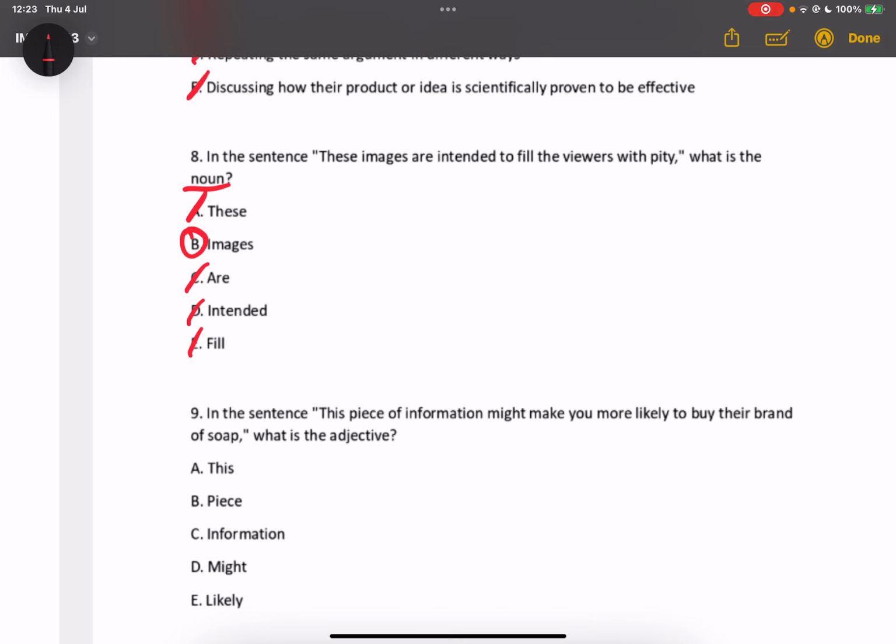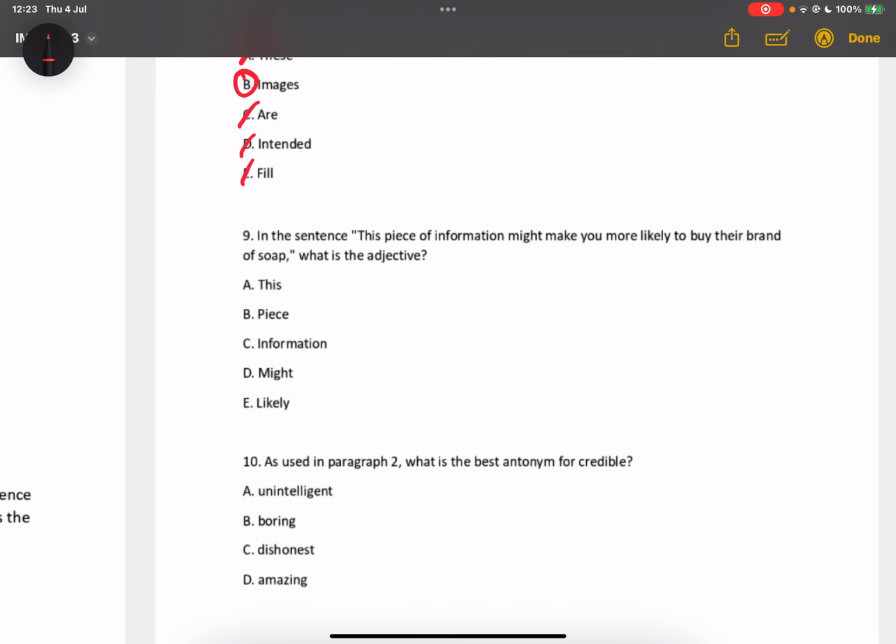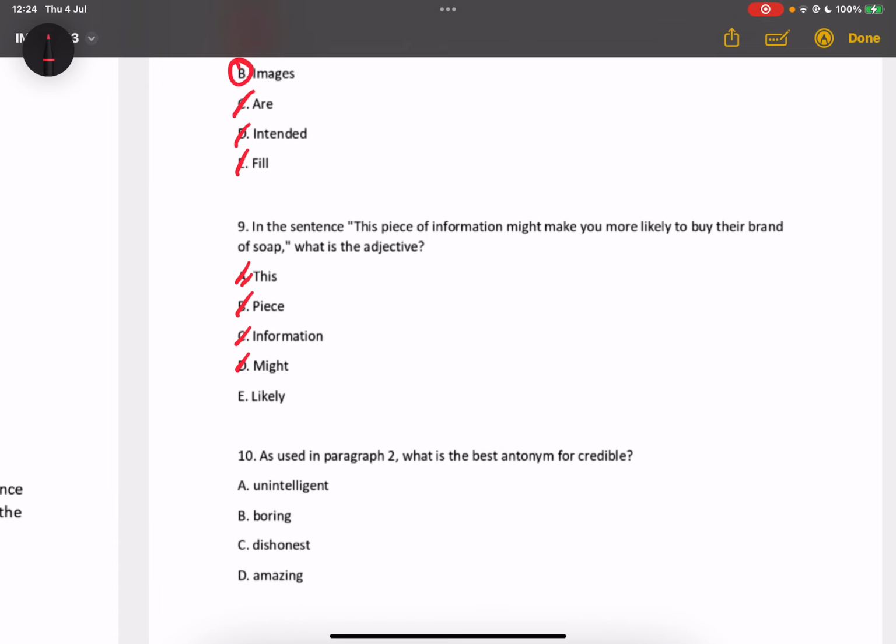Next is 9. In the sentence, this piece of information might make you more likely to buy their brand of soap. What is the adjective? For 9 it's not going to be this, not piece, because piece is a noun, information is a noun, might is no, and then likely.